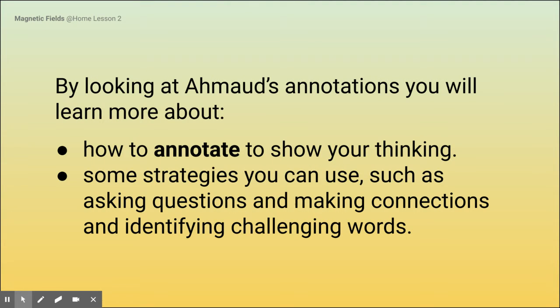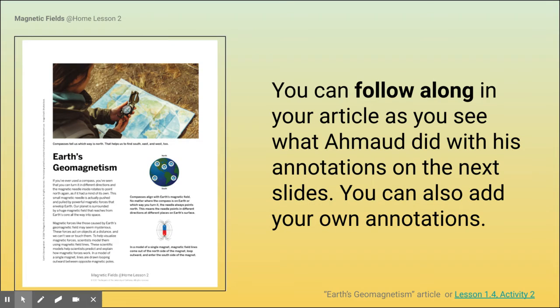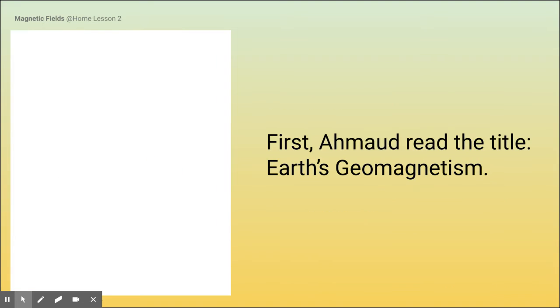By looking at Amund's annotations, you will learn more about how to annotate to show your thinking and some strategies you can use, such as asking questions and making connections and identifying challenging words. You can follow along in your article as you see what Amund did with his annotations on the next slides. You can also add your own annotations.